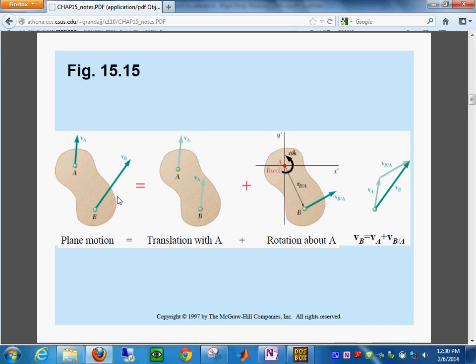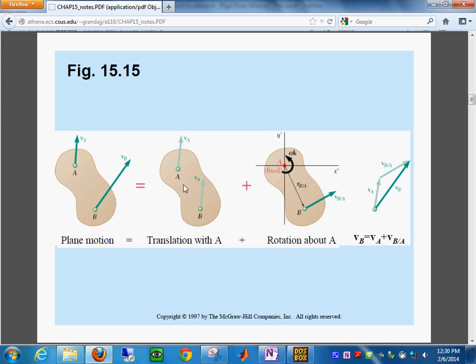So translation with A plus rotation about A. So the velocity of B is the velocity of the other point, A, plus omega cross R, which is the relative velocity of B with respect to A. And that's what we see here.